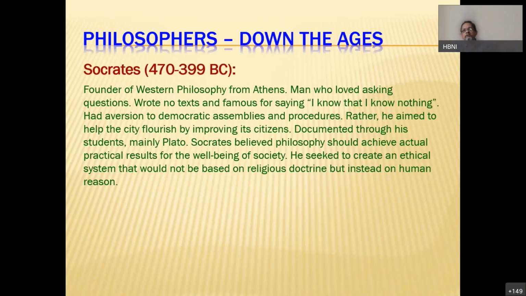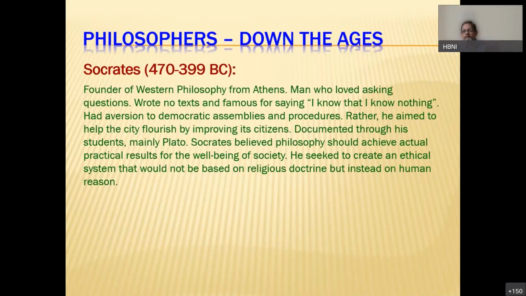So who was Socrates? Socrates was known as the father of Western philosophy, or the founder of Western philosophy. He was from Athens, a place in Greece. And this was a person who loved asking questions. Okay, so he had philosophized life in a certain manner and then decided to ask questions to people.